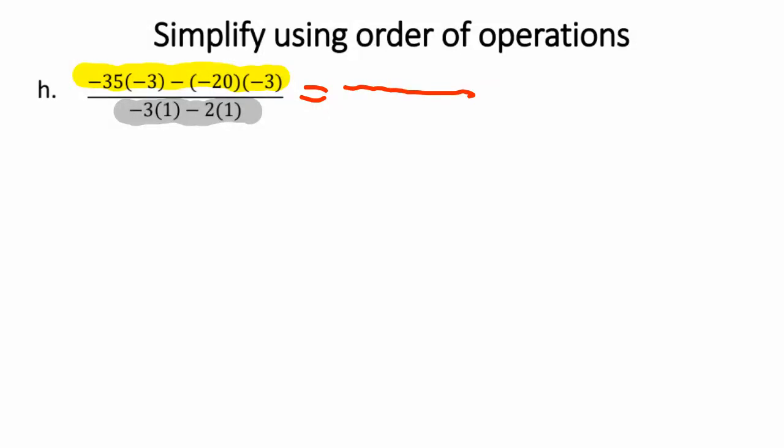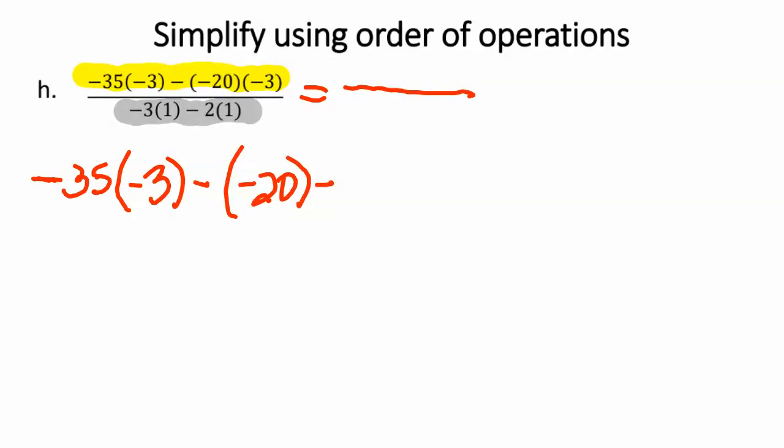Well, let's do the top, okay? We have a negative 35 parentheses negative 3 minus a negative 20 times a negative 3. This is going to give me my answer for the numerator.